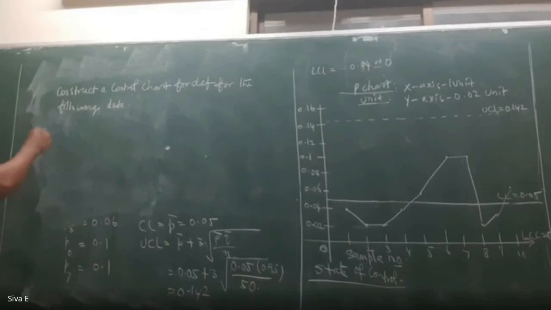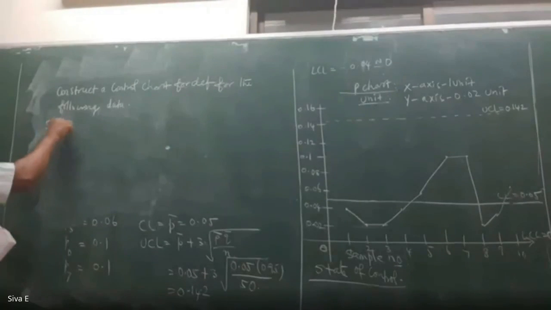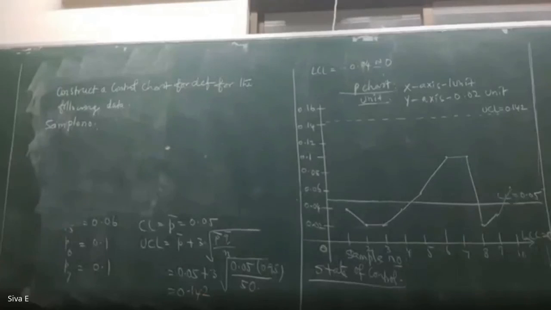Okay, sir. Write the problem. Construct a control chart for defectives for the following data.